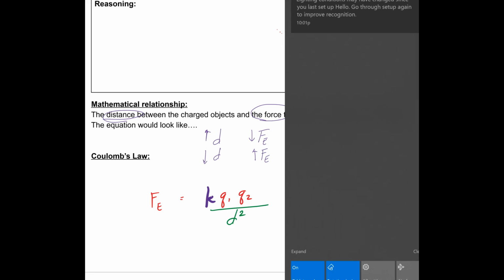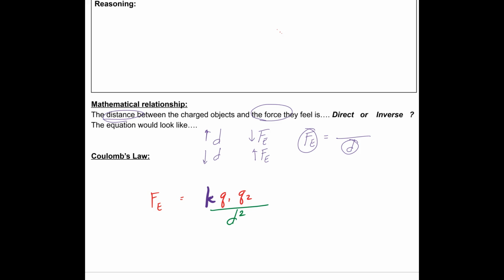I'm just going to tell you that the K that we will use in class is 9 times 10 to the 9 newtons times meters squared over Coulomb squared.